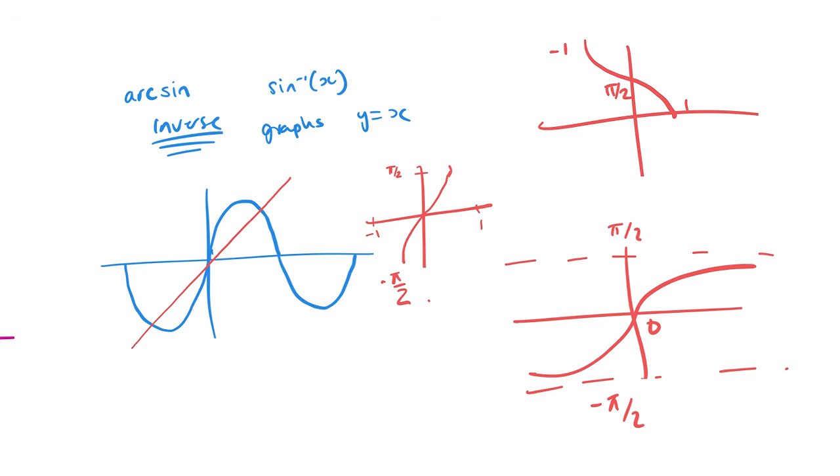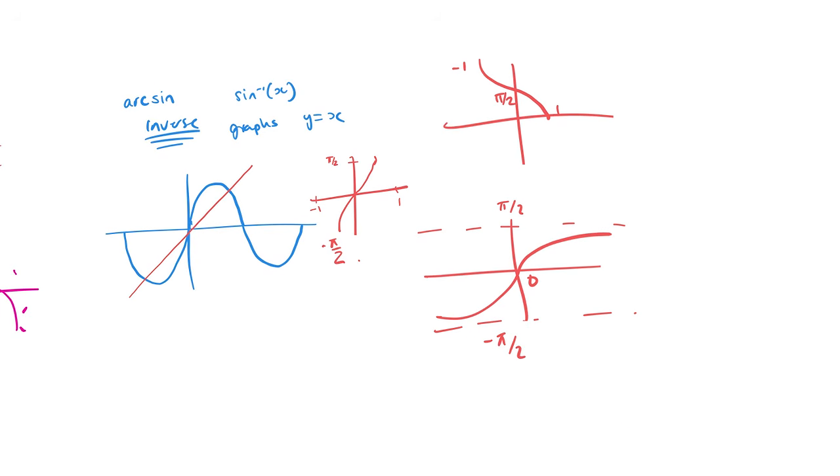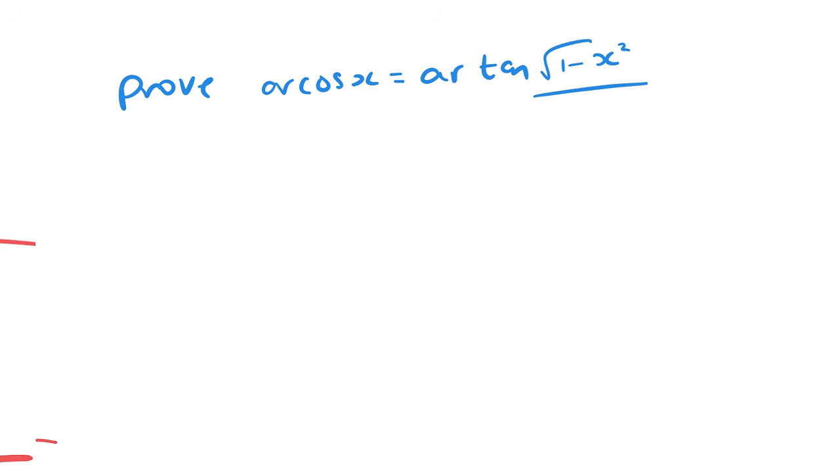Now, sometimes they love those questions in this chapter where they say solve it, but they have, like, prove that arc cos x equals arc tan of root 1 minus x squared over x, for example. So what do we know in these types of questions when we're proving these arc questions? It's all about manipulation.